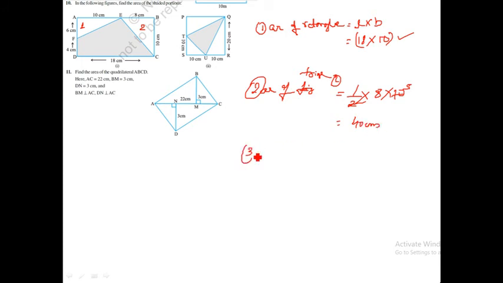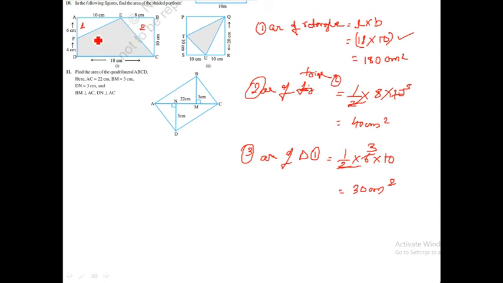And third, area of triangle 1, that is again half into base. If I take base as 6 and height as 10, so this one is 3 into 10, that is 30 centimeter square. The area of the rectangle is 180 centimeter square.